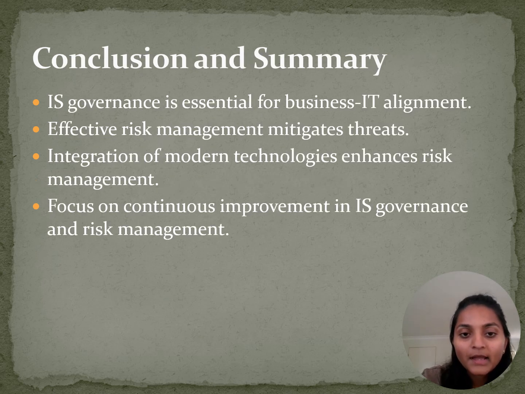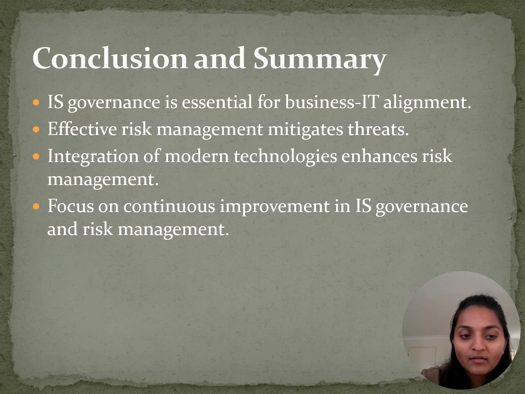Conclusion and summary. IS governance is essential for business-IT alignment, effective risk management, and mitigated threats; integration of modern technologies enhances risk management. Focus on continuous improvement in IS governance and risk management.